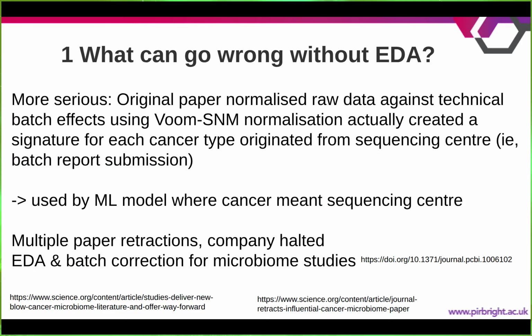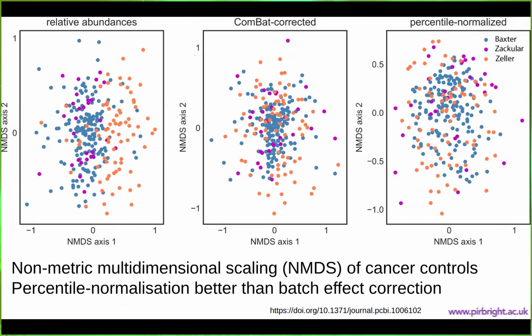So this is why for our example data set, we're going to look at a microbiome data set, so we can see that it is complicated, and we need to think about it quite carefully. One of the things coming from the study was how we can think about different normalization methods.